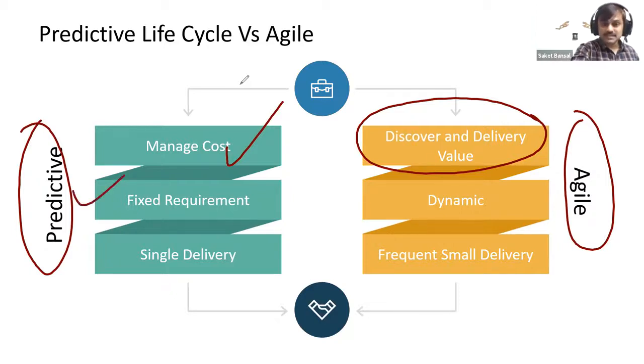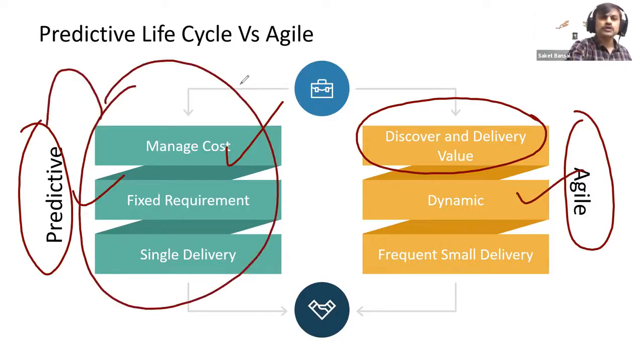The predictive way of working is more about fixing the requirement. Here, the requirements are dynamic. If you see yourself more and more here, maybe you continue working in a predictive way until you don't see a need of going in that direction. Predictive way of working many times focuses on single or few deliveries, 1 or 2 deliveries, whereas agile way of working is frequent small deliveries. So this is at a summary level, just to relate how these things contrast with each other.